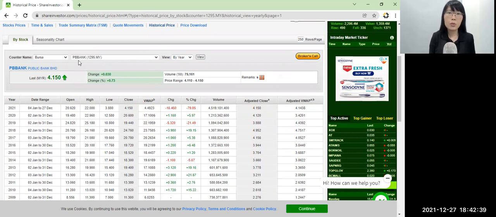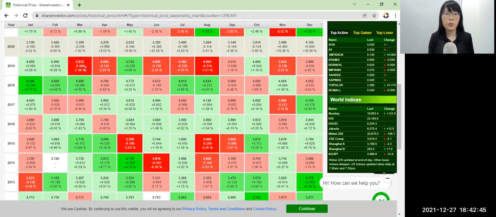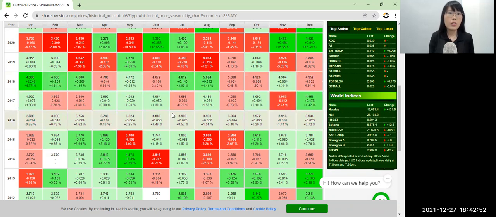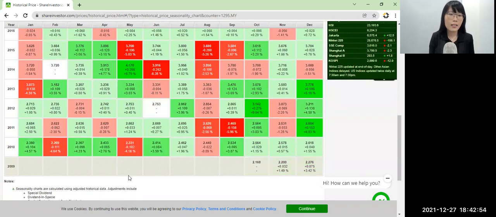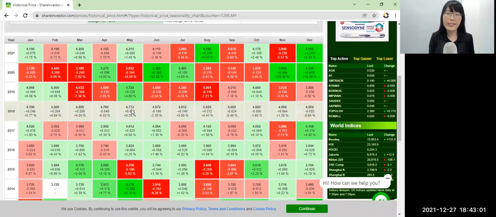Now if you go to the seasonality chart, wow, so colorful. Based on this, it will tell you how the market has performed from 2009 to 2021. This seasonality chart will tell you exactly in which month the market is down and which month the market is up.